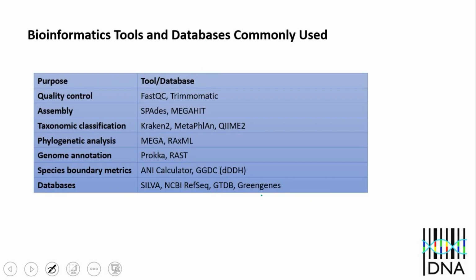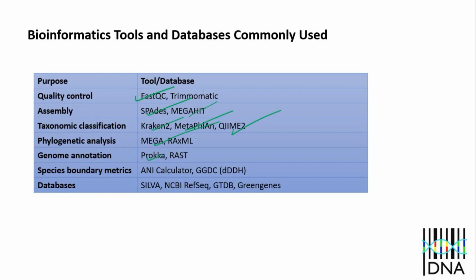Now these are the most useful bioinformatics software. To check the quality, we use FastQC, fastp, and Trimmomatic. For assembly, we use SPAdes and MEGAHIT. For taxonomic classification, we use Kraken 2, MetaPhlAn, or QIIME 2. For phylogenetics, MEGA software and RAxML.